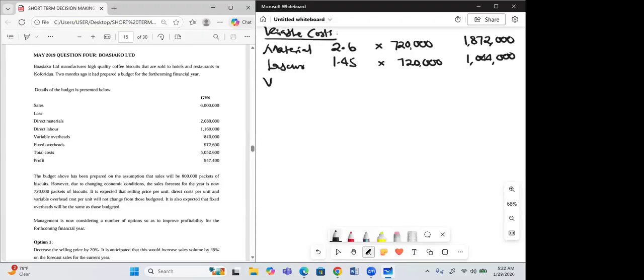Yes, then variable overhead: 1.05 by 720,000, which is 756,000. You can see what I write, it's very frustrating. What are you getting? 756,000.